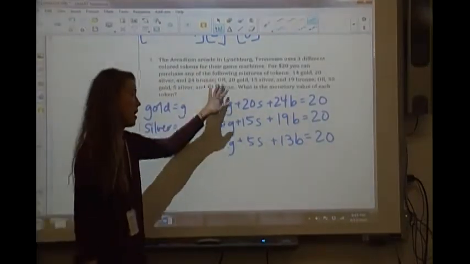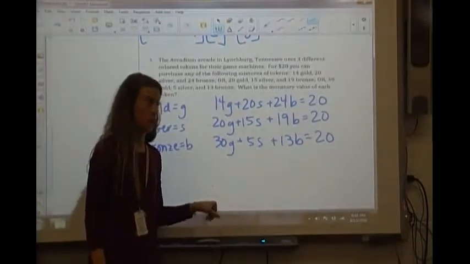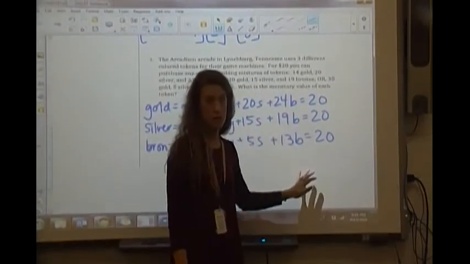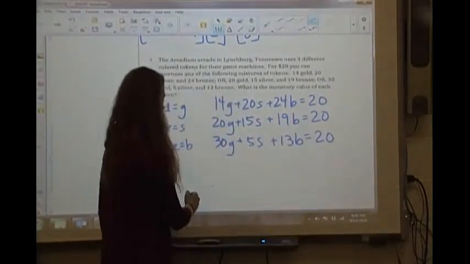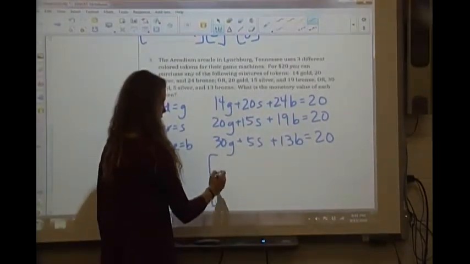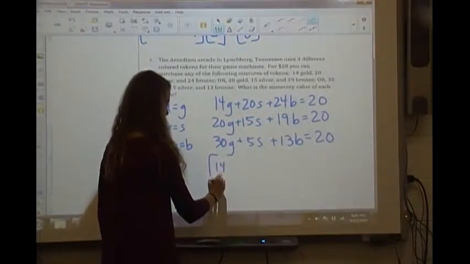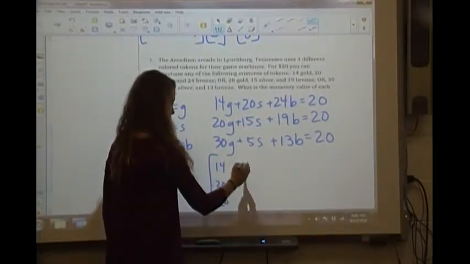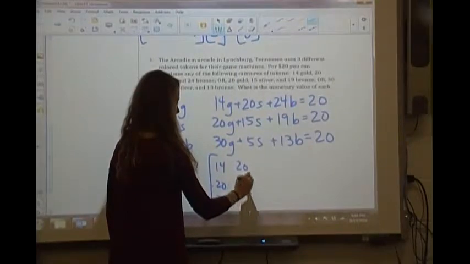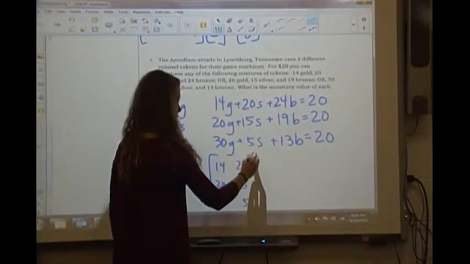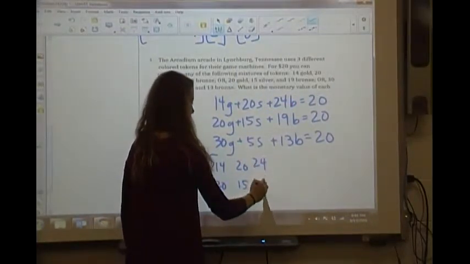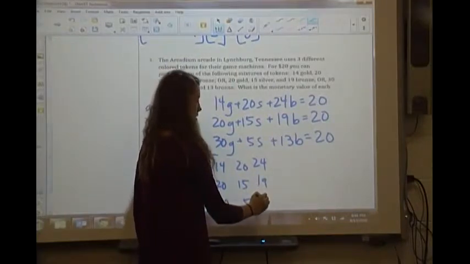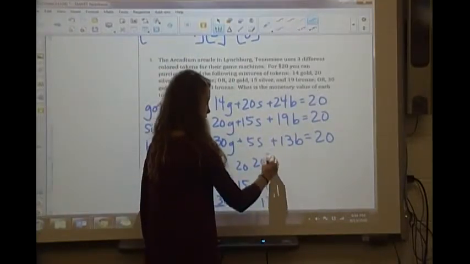So I have my gold, or my G column, my S column, and my B column. So when I go to write my coefficient matrix, I have 14, 20, 30, 20, 15, 5, 24, 19, and 13.